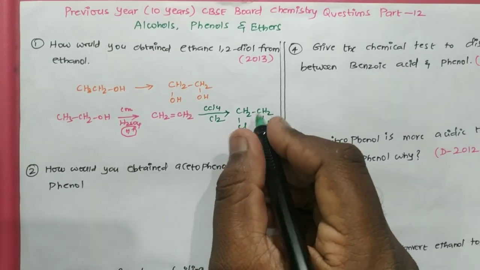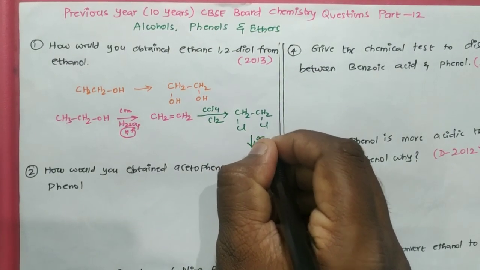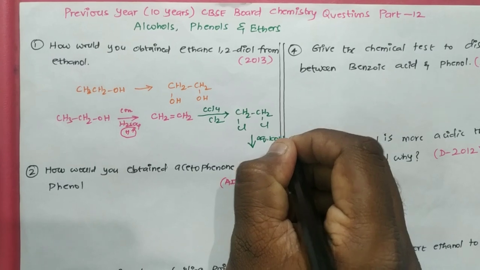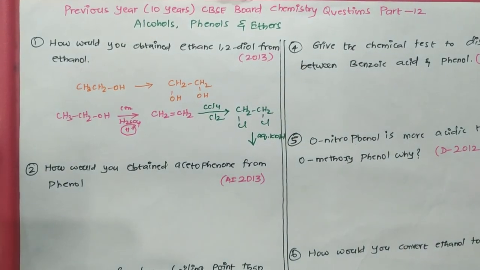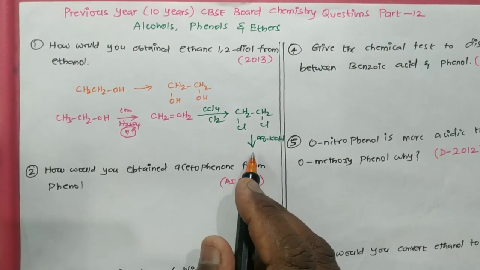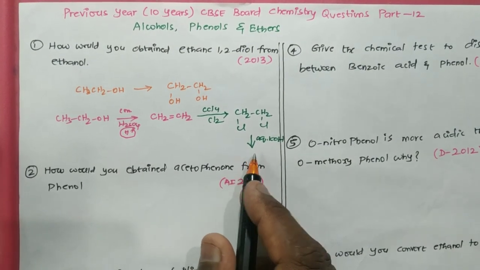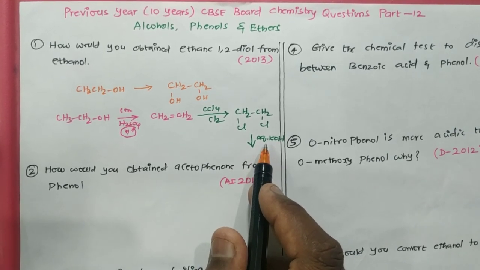Now the next thing is I have to use aqueous KOH. So what is the role of aqueous KOH? I think you all well know about that. Suppose if you don't know, please go and watch my previous video, which is the difference between aqueous KOH and alcoholic KOH.